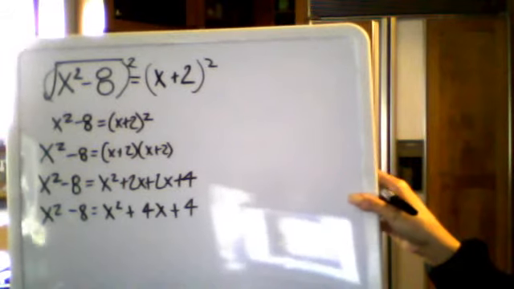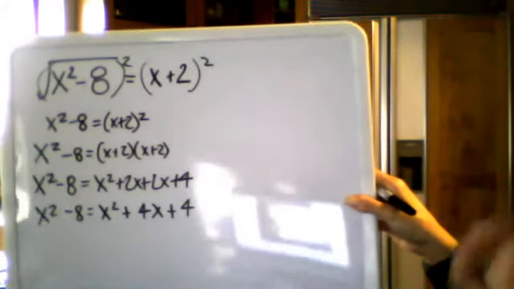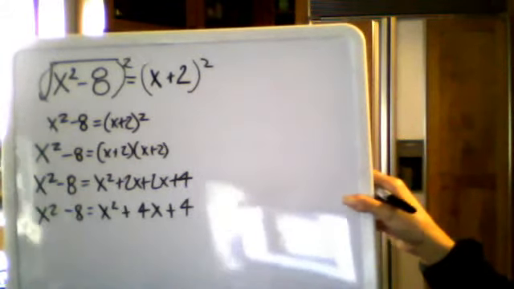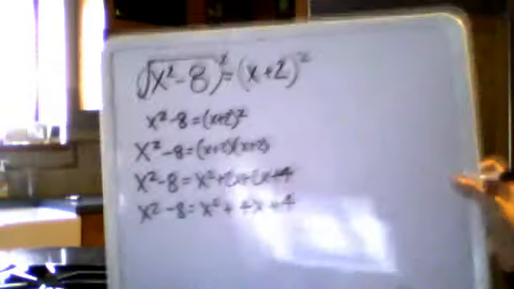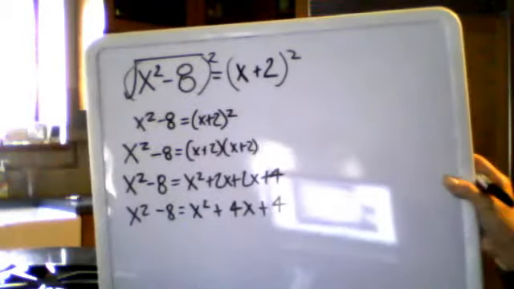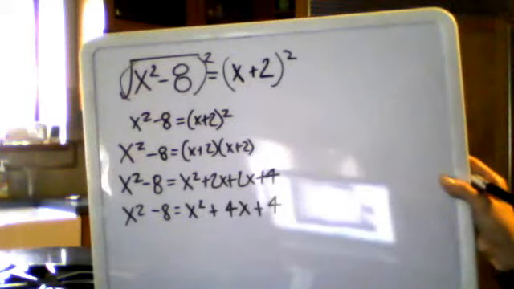So I'm just going to try to get like terms together and group them together to try to solve this as a linear equation. I'll start off with my negative 8 and 4.